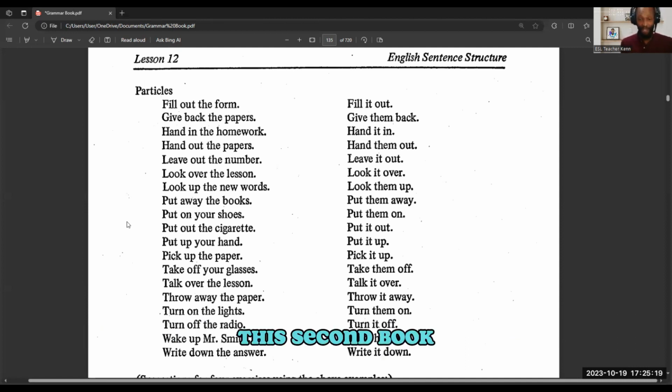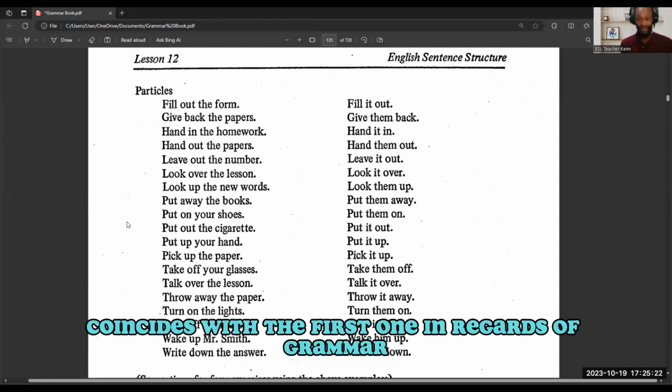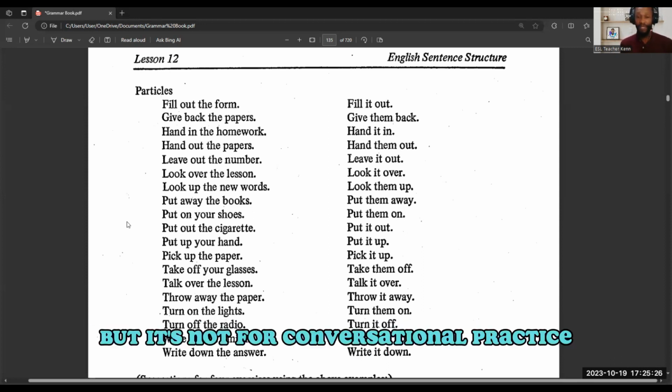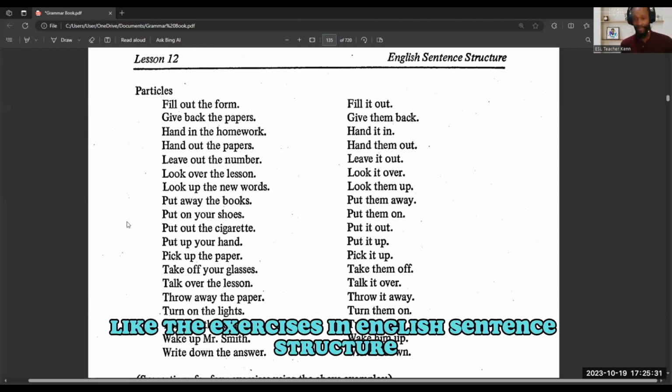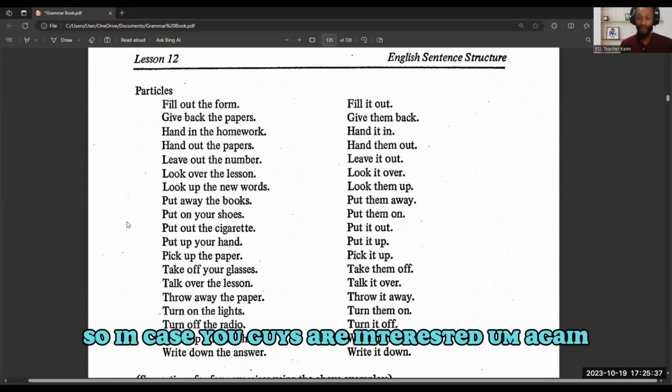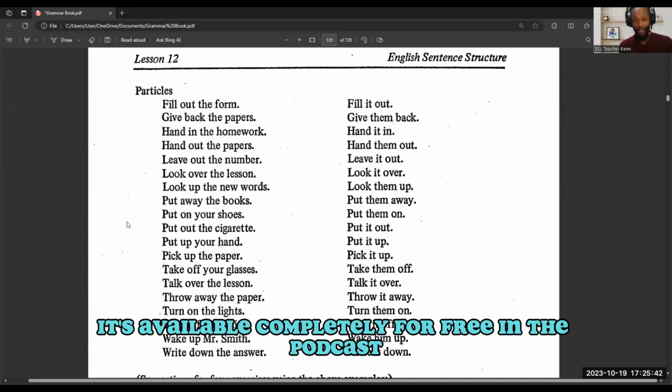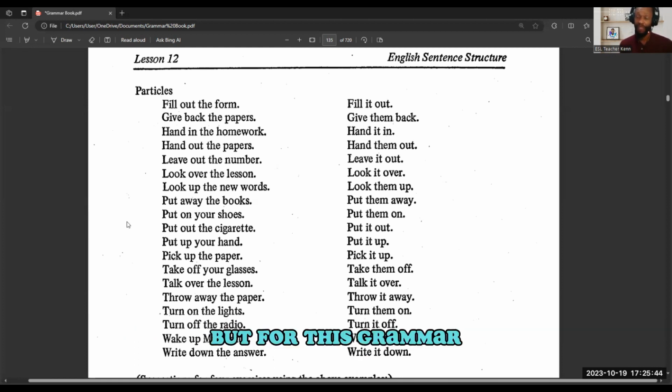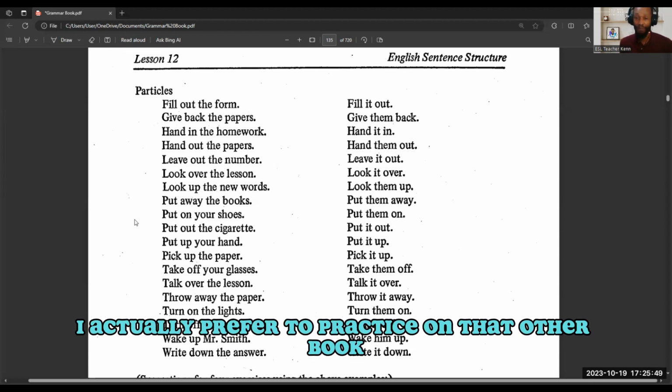This second book coincides with the first one in regards of grammar, but it's not for conversational practice like the exercises in English Sentence Structure. It's for written practice. In case you are interested, it's available completely for free in the podcast. But for this grammar, I actually prefer to practice on that other book.